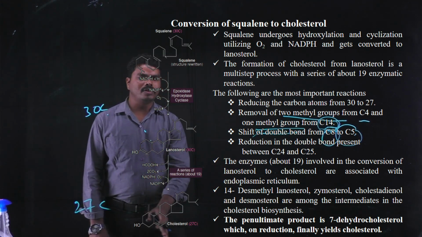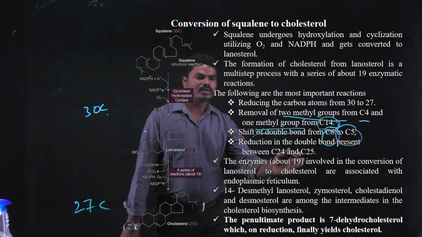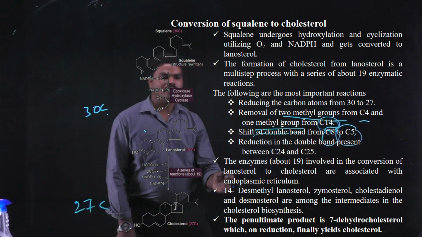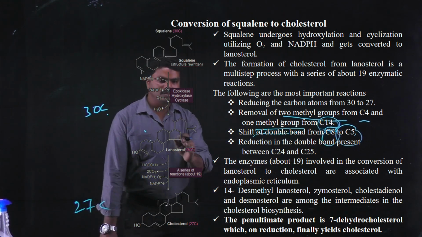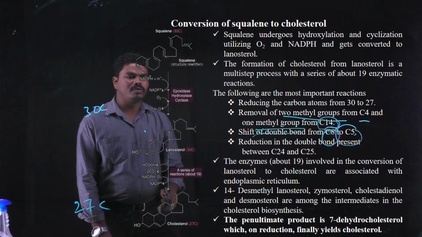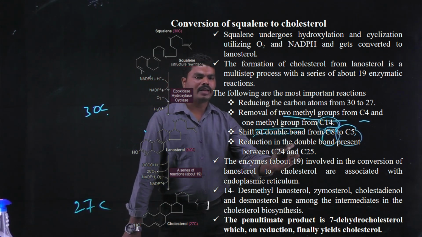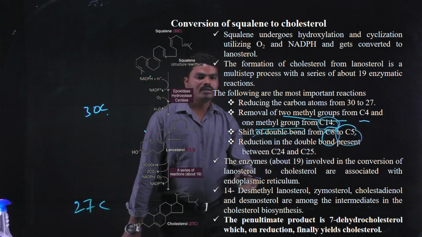During this conversion of lanosterol to cholesterol, there are some intermediates like 14-desmethyl lanosterol, zymosterol, cholestadienol, and desmosterol.